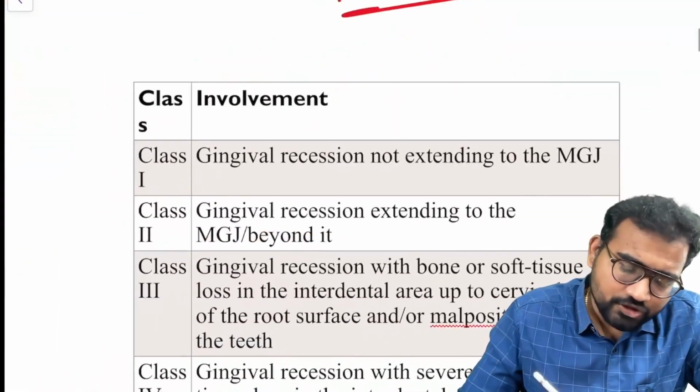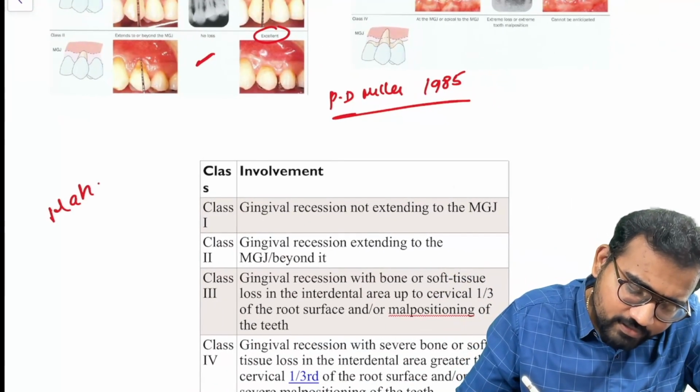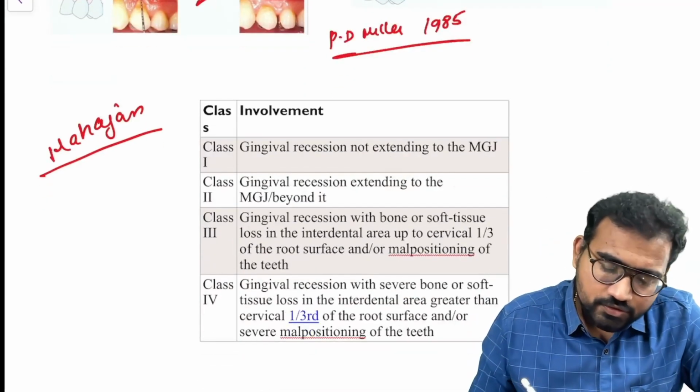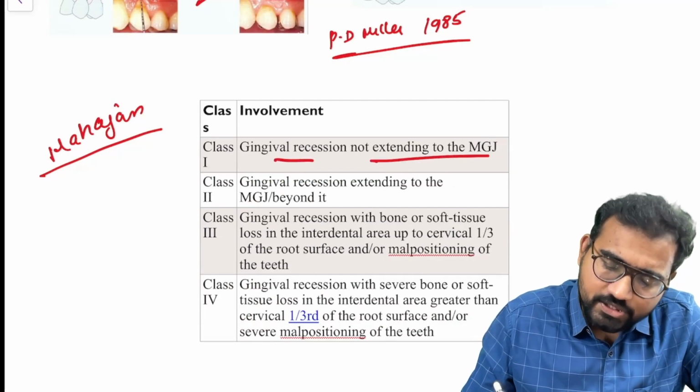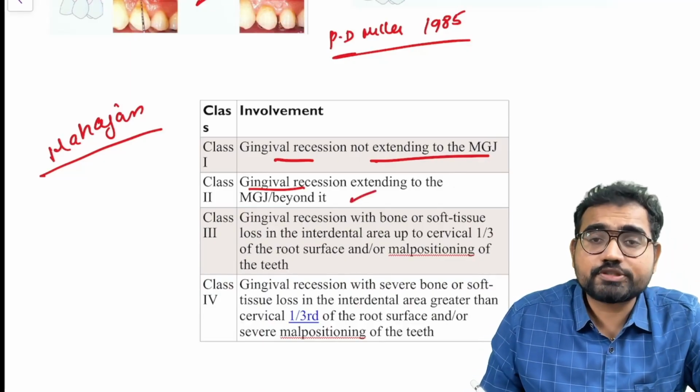And then Mahajan modified Miller's classification. Class 1: recession not extending to the mucogingival junction. Class 2: recession extending to the mucogingival junction.